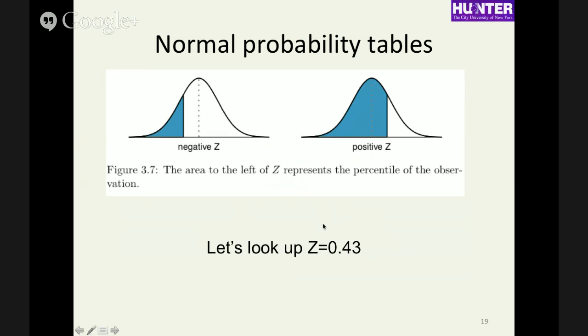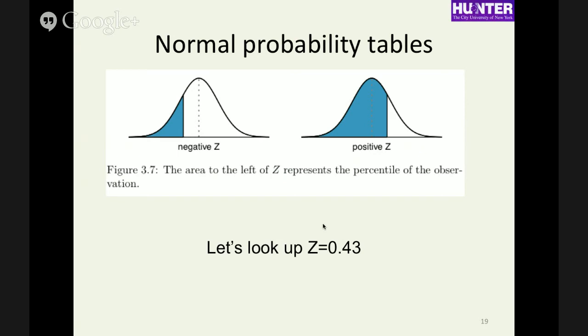And we have tables. Our book, not all books do this because you don't actually need it, but our book makes it a little bit easier to look up z values by having separate tables for positive values of z and negative values of z. Anyone want to take a guess as to why you don't actually need this, why you could just get by with one of them?